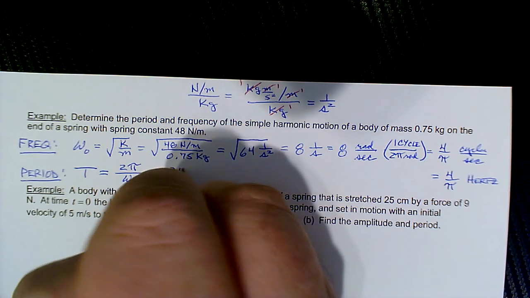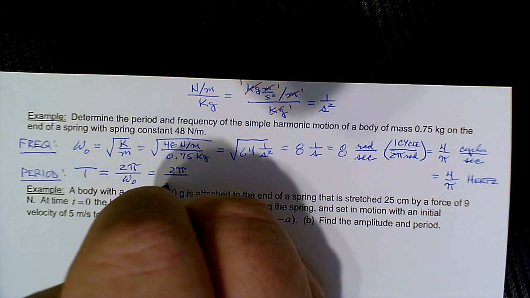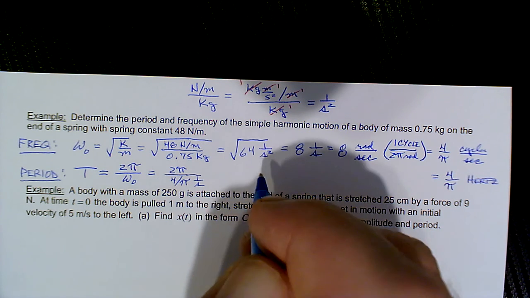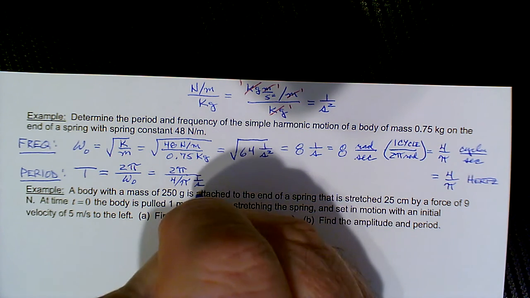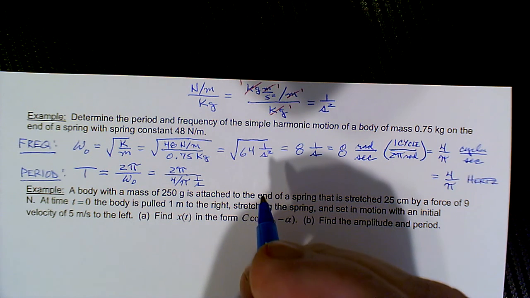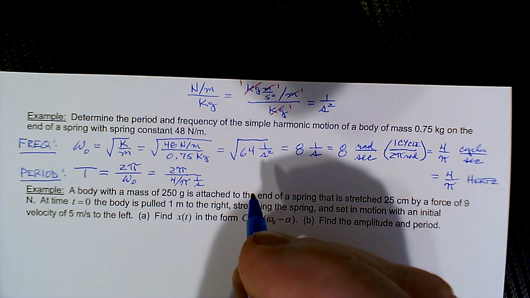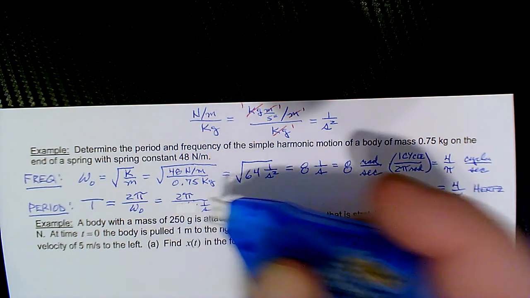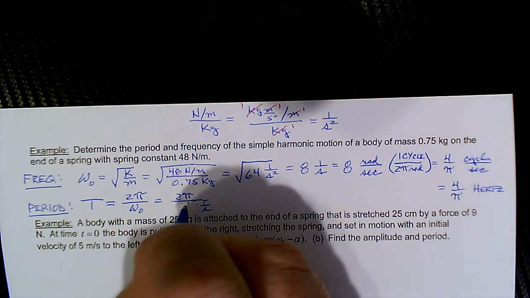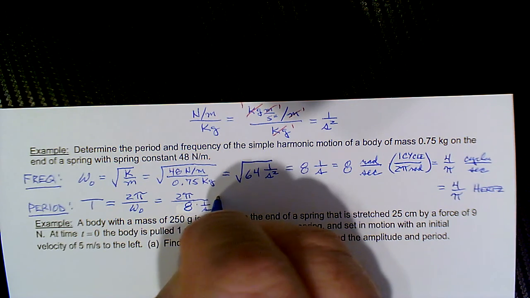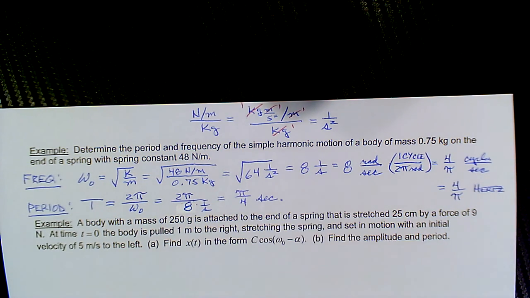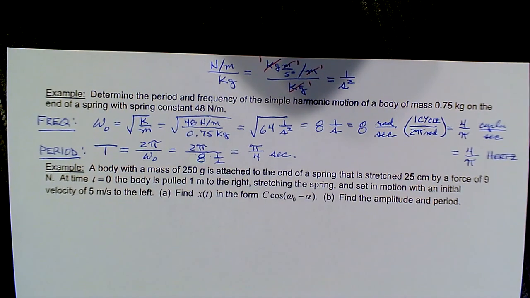So 2 pi over 8, oh, I'm sorry, let's take it as 8 times 1 over second, because I want the period to be in seconds. So we get pi over 4 seconds. Okay, so again, that's kind of the physics behind it.